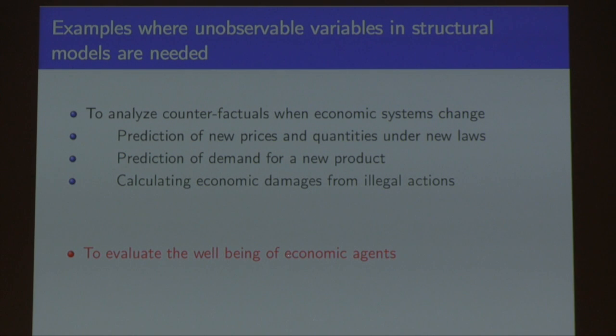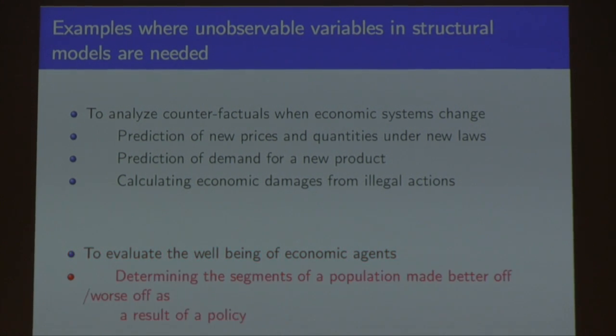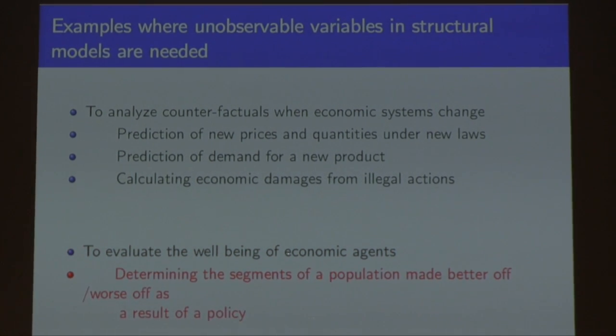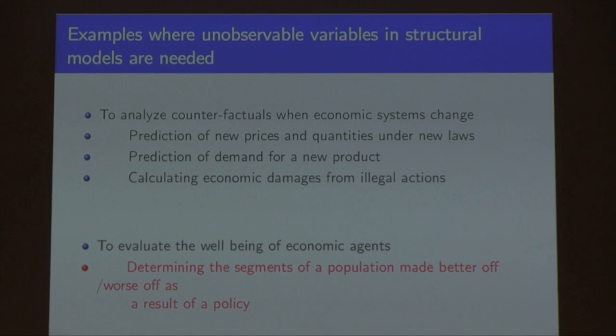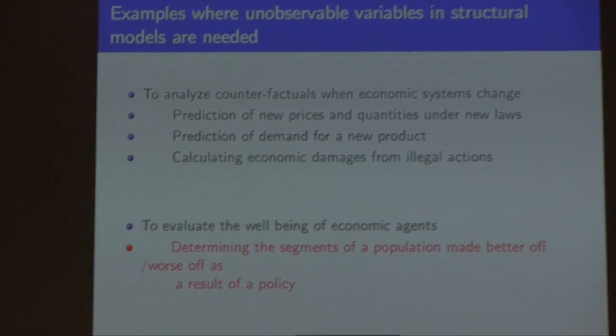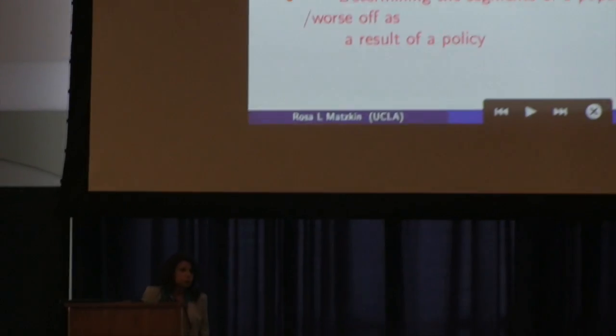Now, there is also interest in economics in using structural models to evaluate, for example, the well-being of economic agents, trying to recover functions that we do not observe. For example, as a result of a policy, some people might be better off and some people might be worse off. How do we know who is being hurt?